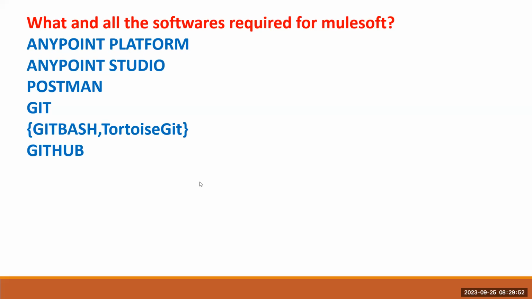So then what is the point of using Git here? On a daily basis, whenever you implement some functionality, you need to push your code to GitHub. If you push your code to GitHub, the first thing is your code will be secured.